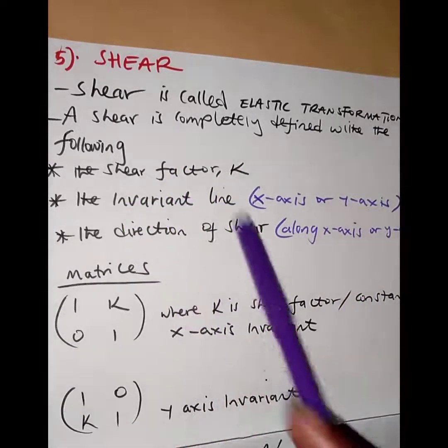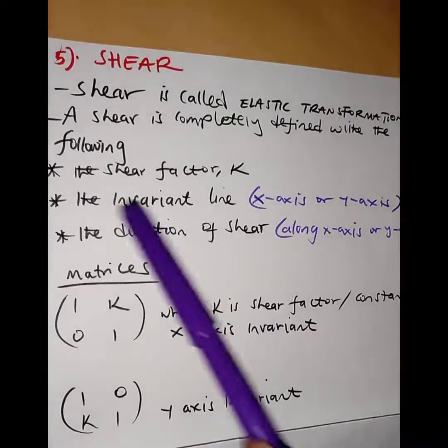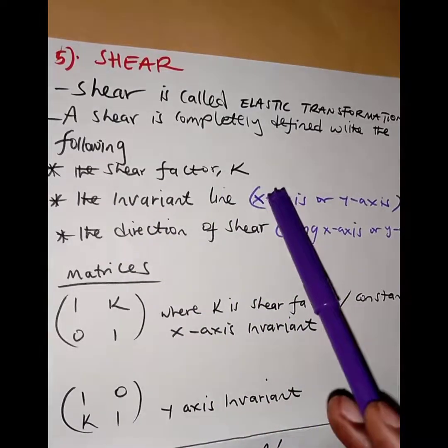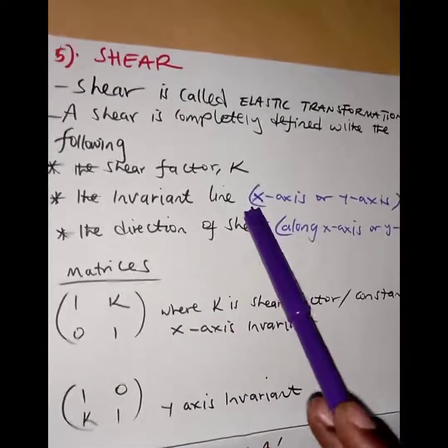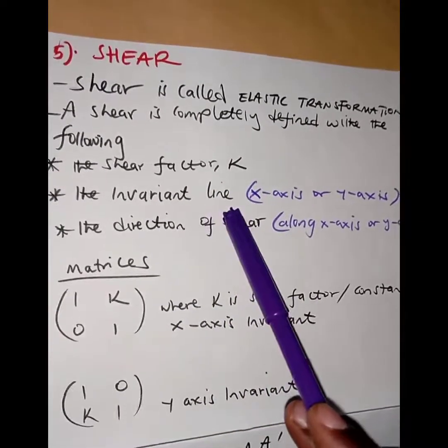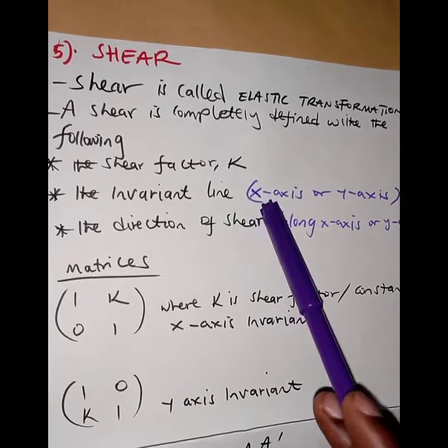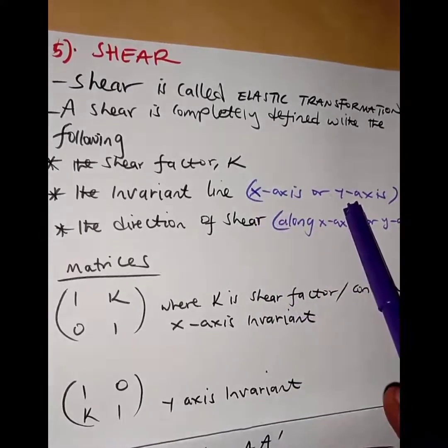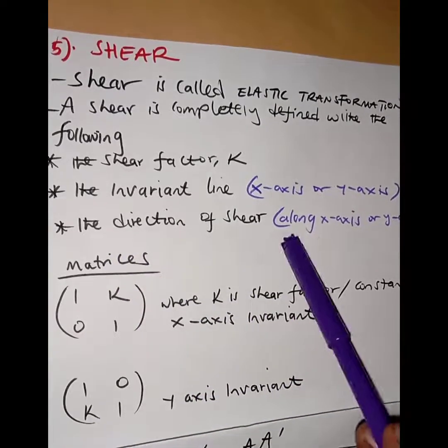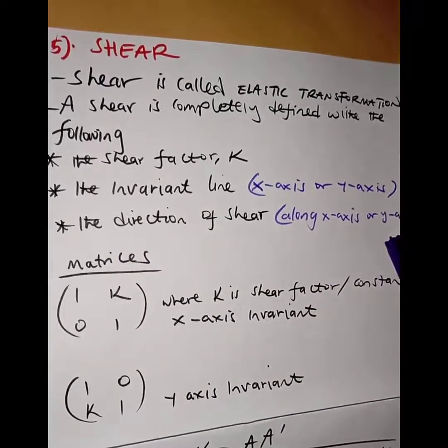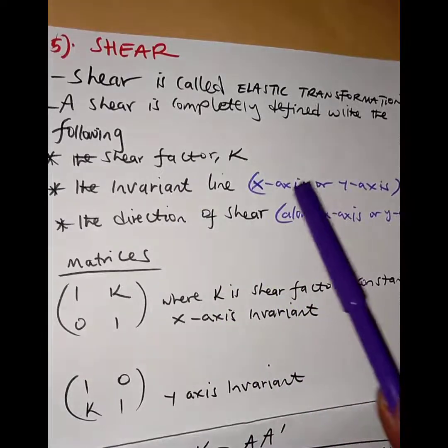The shear factor, represented by K. The invariant line. Invariant means the line which is not moving. It could be the x-axis or the y-axis. The direction of shear. Is it along the x-axis or y-axis? These are the objects which will be transformed, which will be moving.